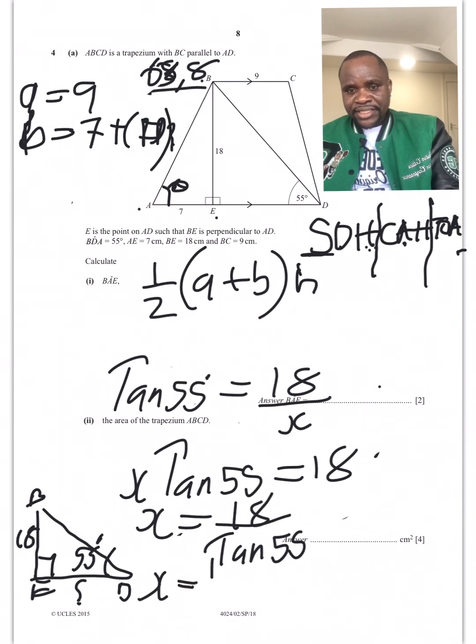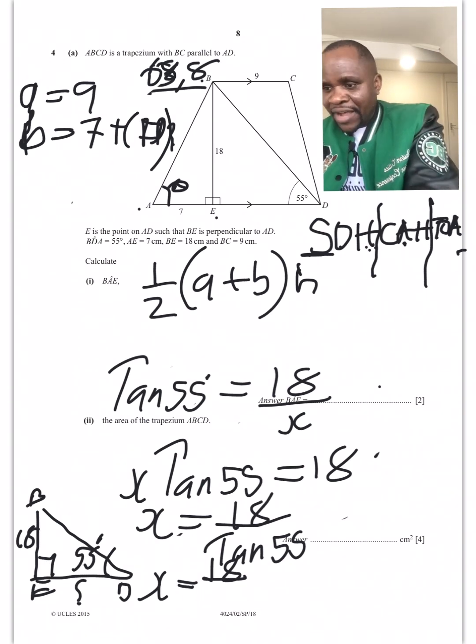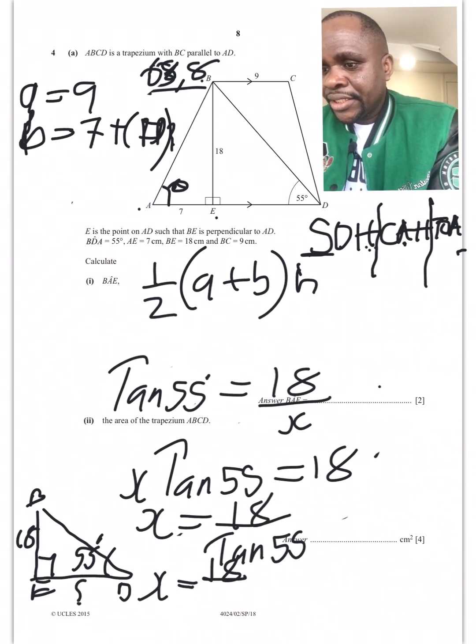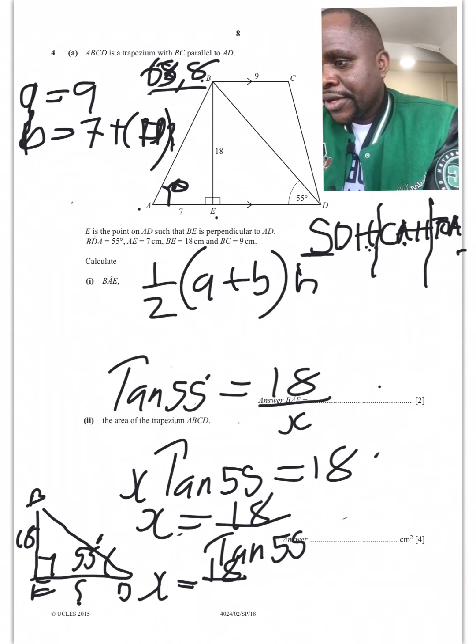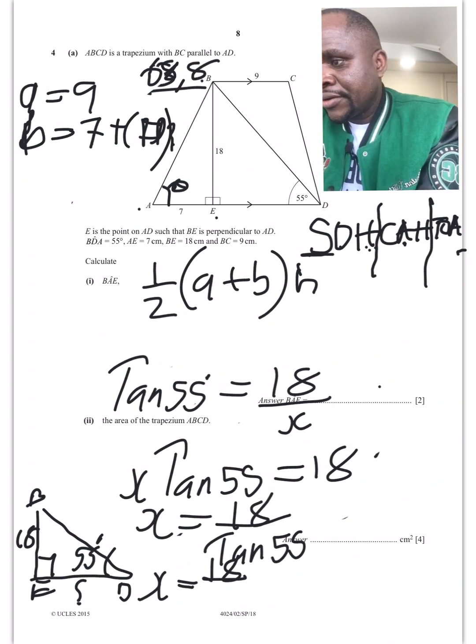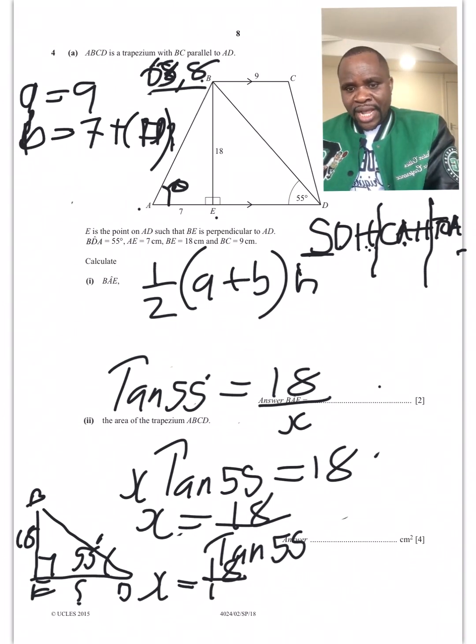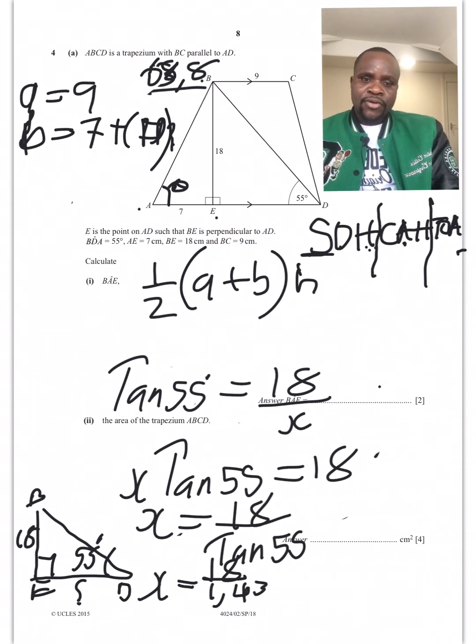So x is 18 over, what is tan 55? Okay, let's calculate tan 55. We are getting 1,43.